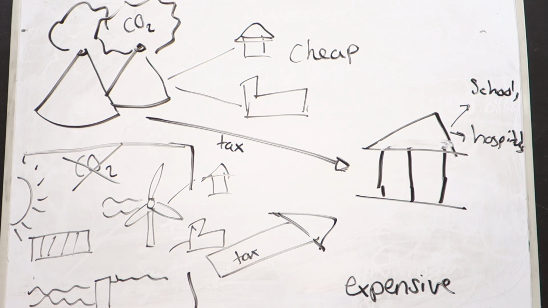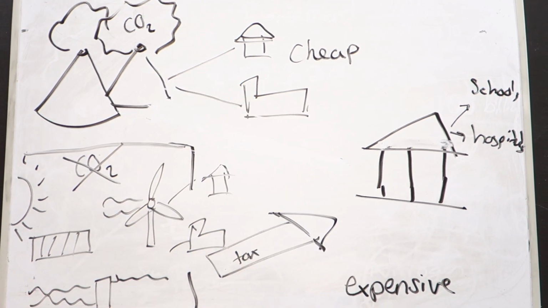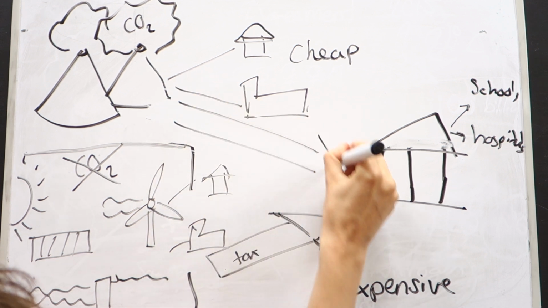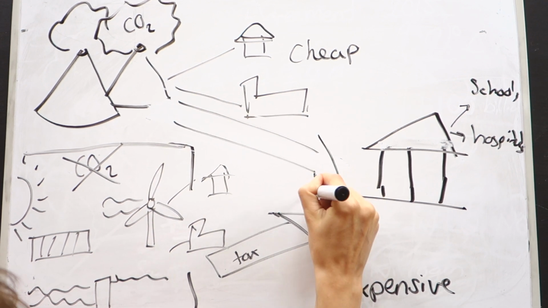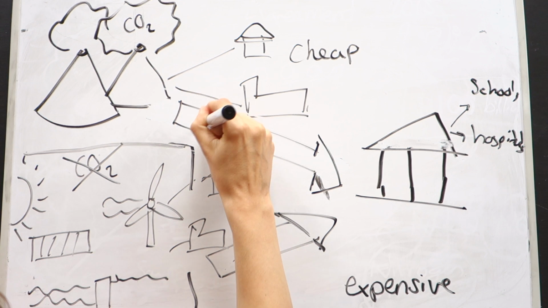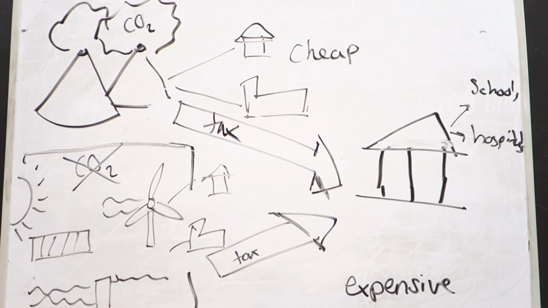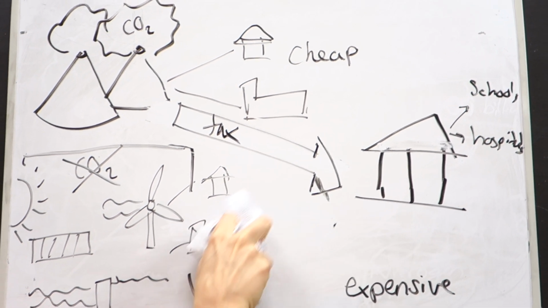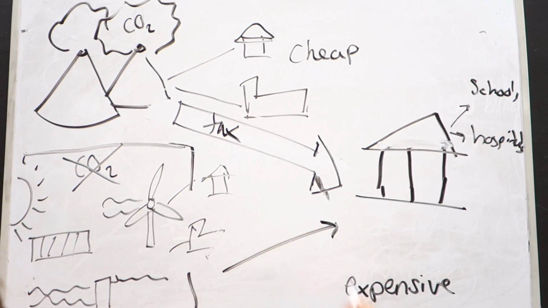So one of the ways that governments can mitigate climate change, they can reduce the amount of greenhouse gases that they're producing, is by increasing the amount of tax on energy from fossil fuels, and by decreasing the amount of tax on energy from renewable sources like solar, wind and hydropower.